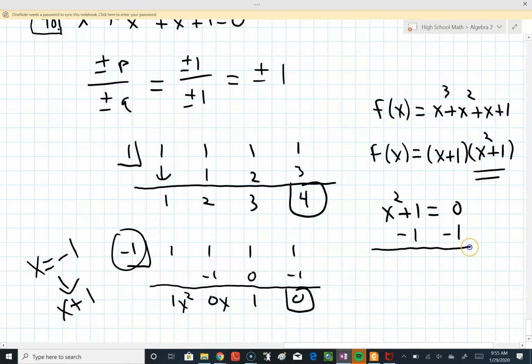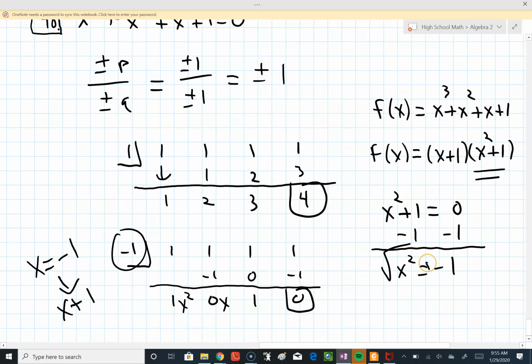Why am I not using the quadratic formula or factoring? What's special about this quadratic that was different than the previous one? It has a squared term, but it doesn't have a what? An x term. It doesn't have the linear term, the bx term. If it has the squared term but no x term, you can just solve directly by taking the square root.